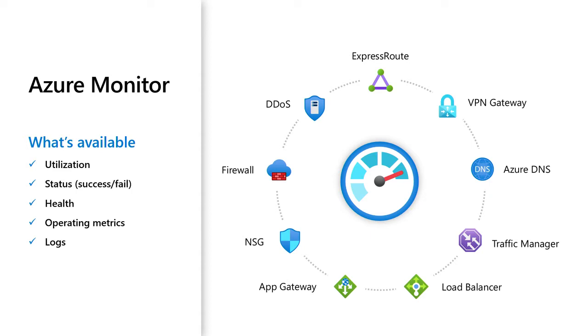Within Azure Monitor, for most of these services, you're able to get the utilization metrics. You're able to get the health state. You're also able to get the operational metrics. For example, number of times an error may have occurred, an error of a certain type, or number of successful events. If you need more than just the raw metrics, you also have the logs so that you can debug.